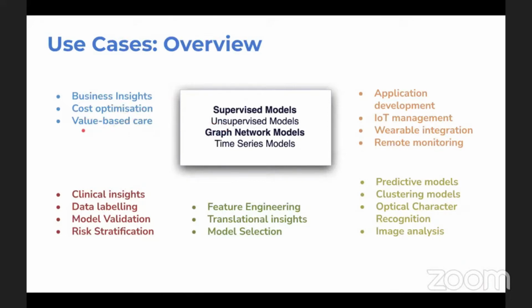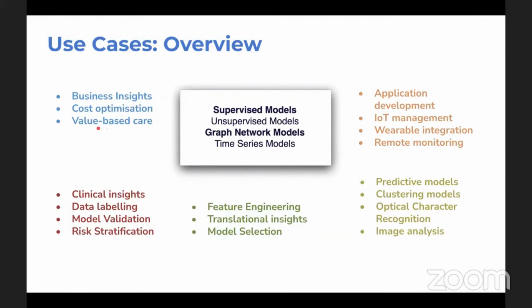An evolving concept is value-based care. Value-based care means that every clinical treatment or clinical intervention can be quantified as something valuable. The healthcare system is gradually shifting towards value-based care. The insurance companies in the US and other countries are also focusing on value-based care.